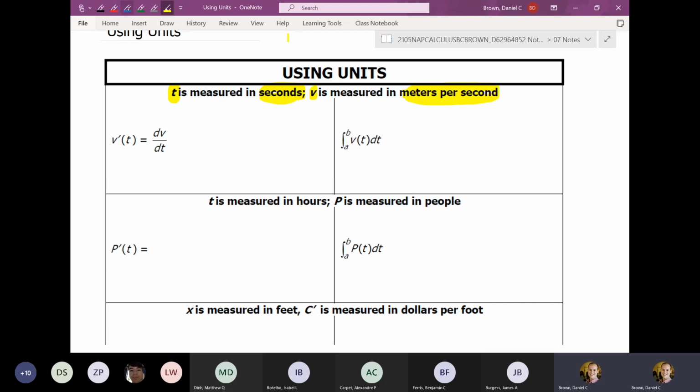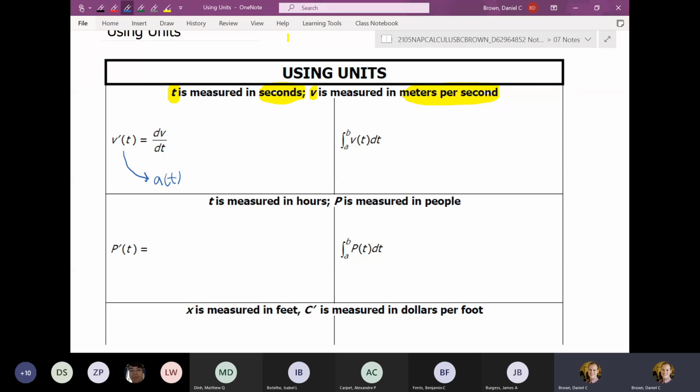We can actually use the calculus notation to figure out what the units should be. I know we all know that v prime is the same thing as acceleration, and that we know what the units of acceleration are. But say we didn't, we can use the calculus to make sure we get the units correct.